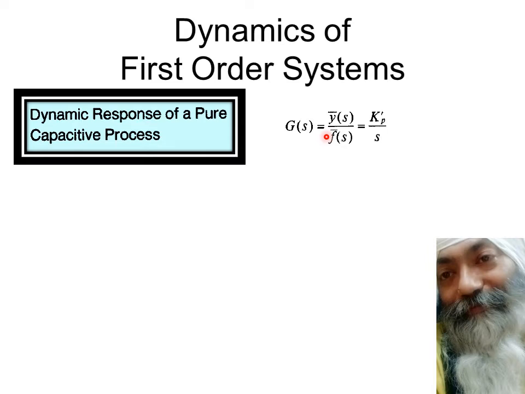That transfer function is given by K'p divided by s, and K'p is the gain of the system. We have to give the value of F(s), and the Laplace transform of unit step function, we all know, is 1 by s.